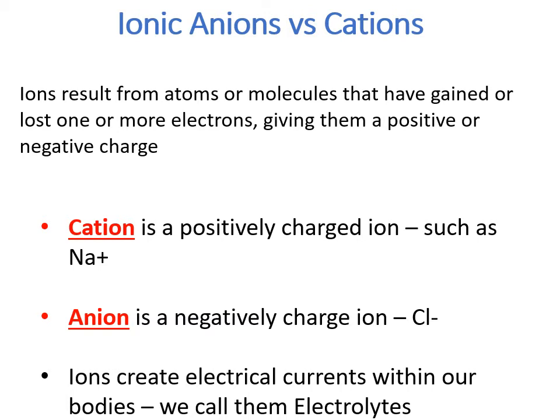Okay, so you're going to see that this will matter when we talk about electrolytes in the body, such as Na plus, Cl minus, K plus, which is potassium, Ca2 plus, which is calcium. Okay, so there are ions and cations that are interacting in the bloodstream and in the body.